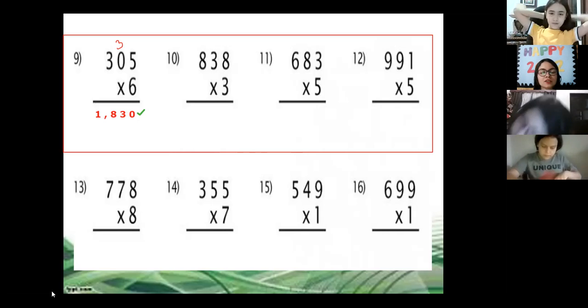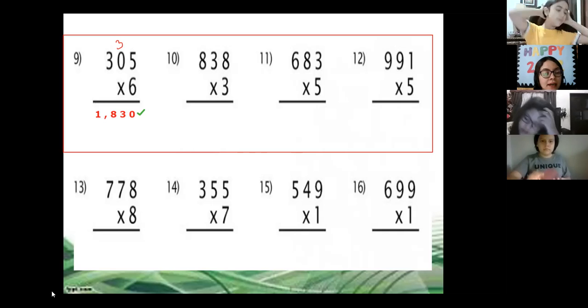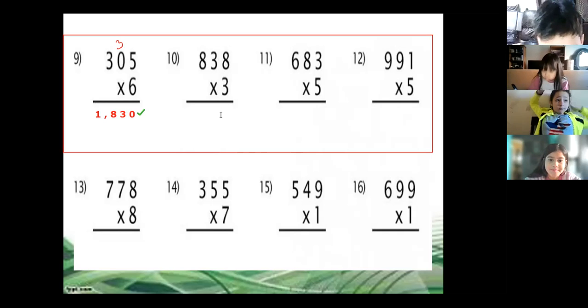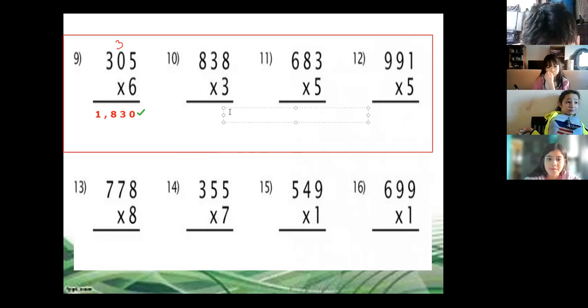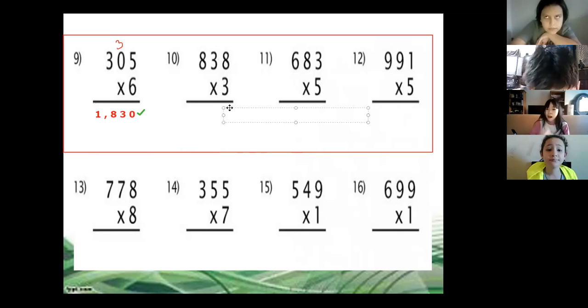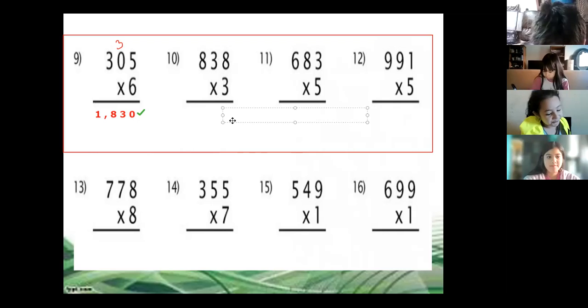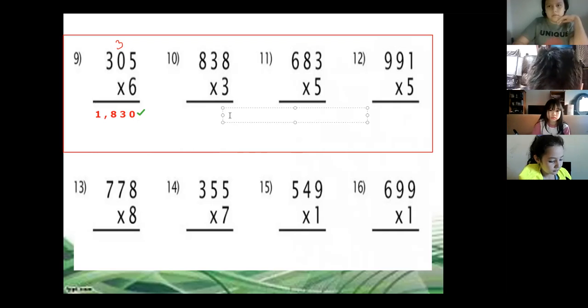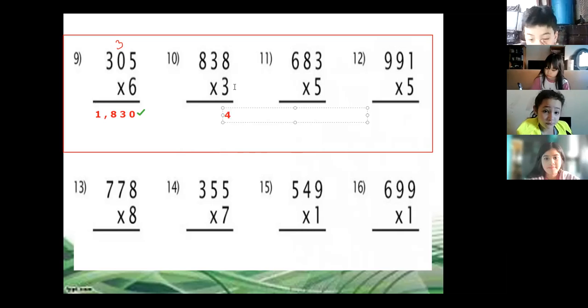Okay, Joshua, what is the answer of 8 times 3 or 3 times 8? 24, that's right. So we write number 4 and we regroup the number 2.